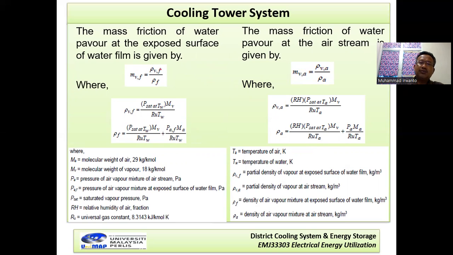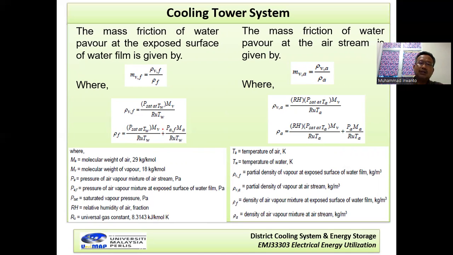Each value of rho_vF and rho_F is given by this one. rho_vF is equal to P saturation at T_W, when the temperature of the surface of the water film, multiplied by M_v, the molecular weight of the vapor, which is 18 kg per kilomole, over R_u. R_u here is the universal gas constant, with a value of 8.3143 kilojoule per kilomole Kelvin.